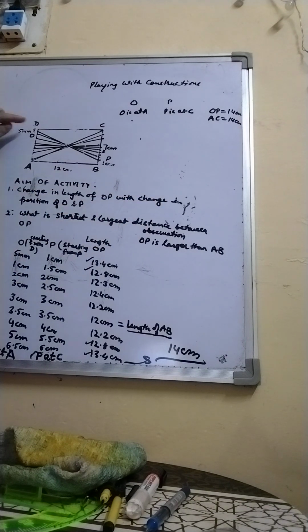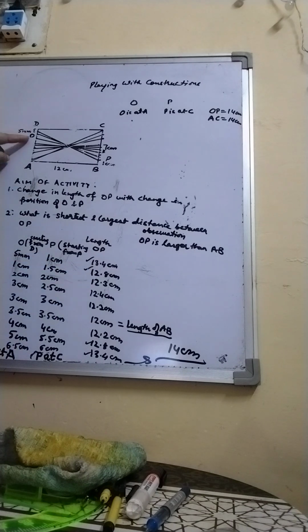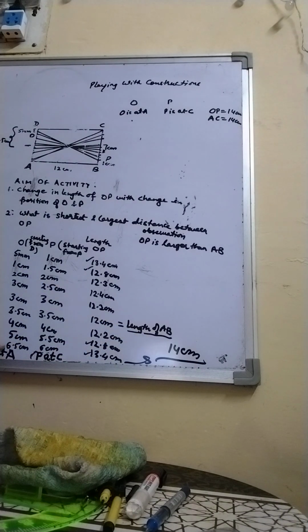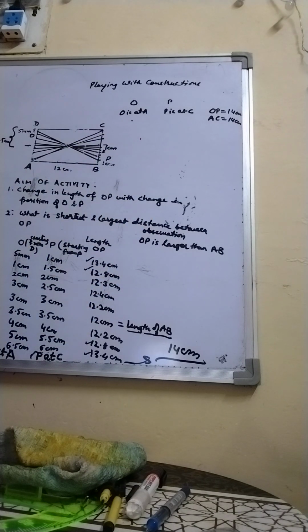So you can see that as O moves away from D, the length decreases, and as we reach the middle point here, at a distance of 3.5, then at midpoint the shortest distance is 12 centimeter, which is equal to length of AB, and largest distance is 14 centimeter, which is length of AC.